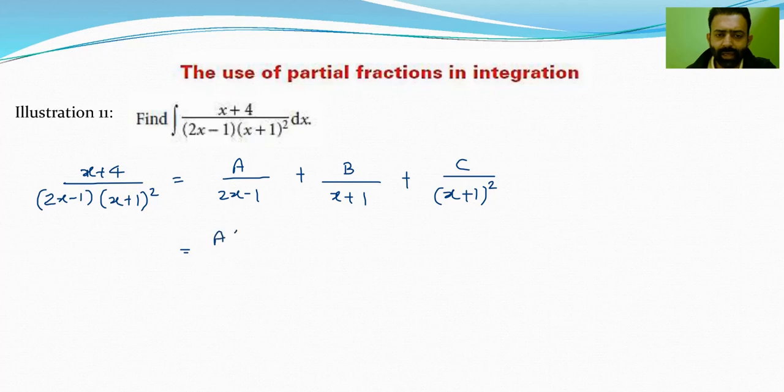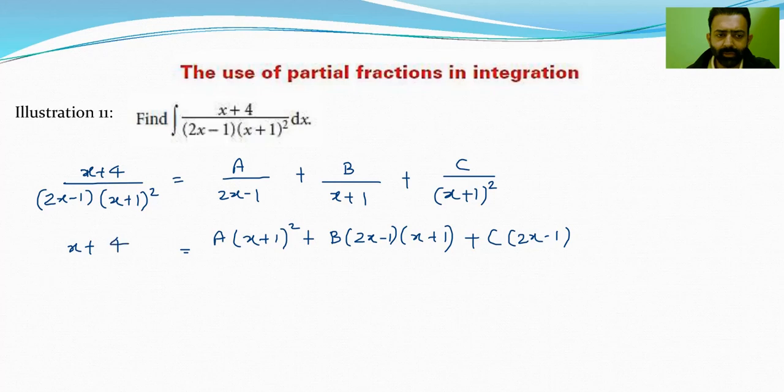So we have A times (x plus 1) whole square, then the coefficient of B will be (2x minus 1) into (x plus 1), and the coefficient for C will be (2x minus 1), and on the LHS we have x plus 4.